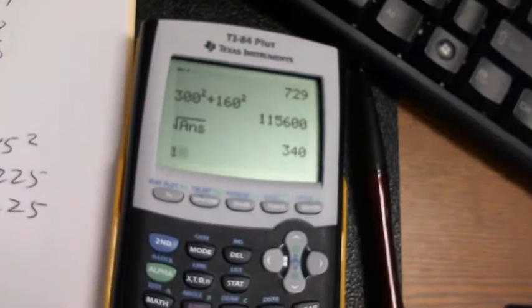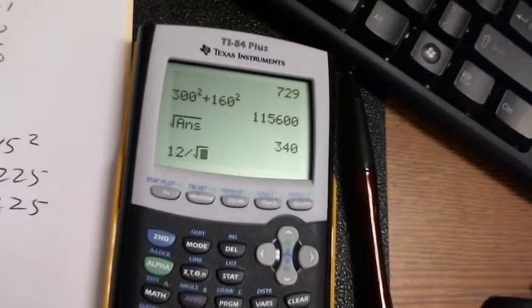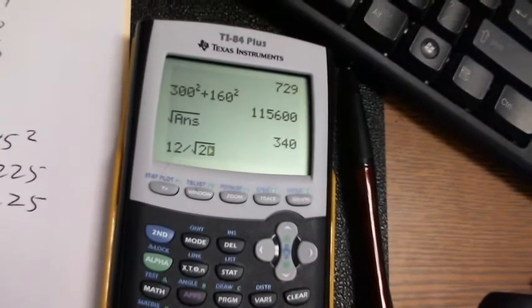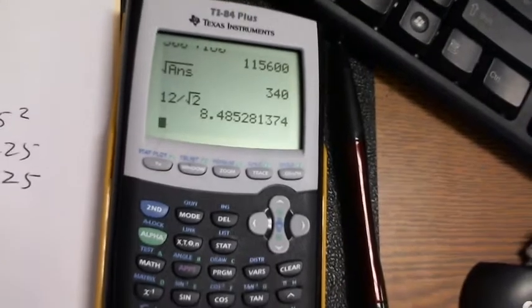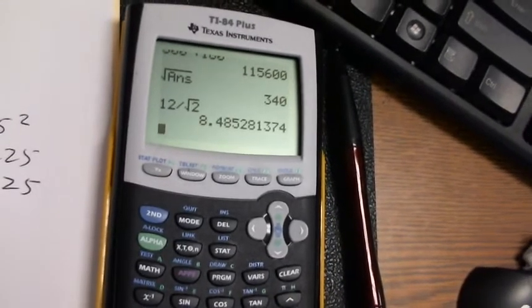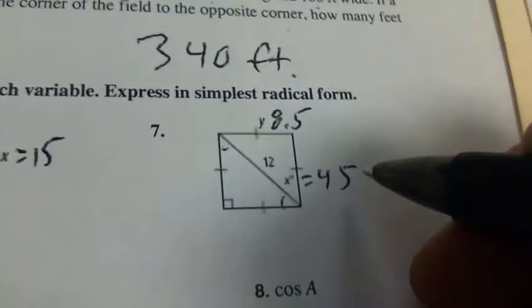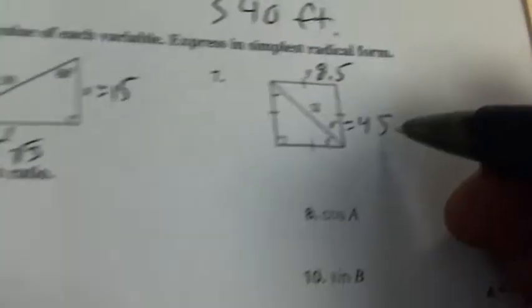So 12 divided by radical 2 is 8.49, 8.5. Of course, x equals 45. Oops. 8.5 and x equals 45.